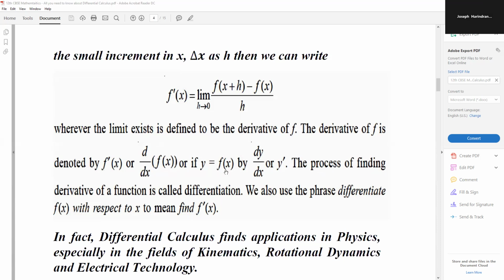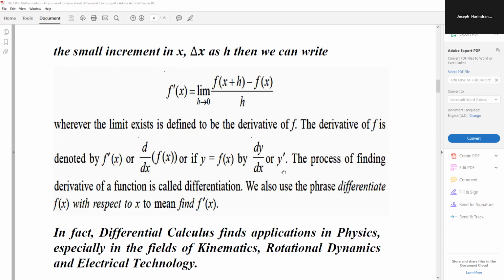Or if y is equal to f of x, we will denote it by dy by dx or y dash. The process of finding the derivative of a function is called differentiation. We also use the phrase differentiate f of x with respect to x to mean find f dash of x.